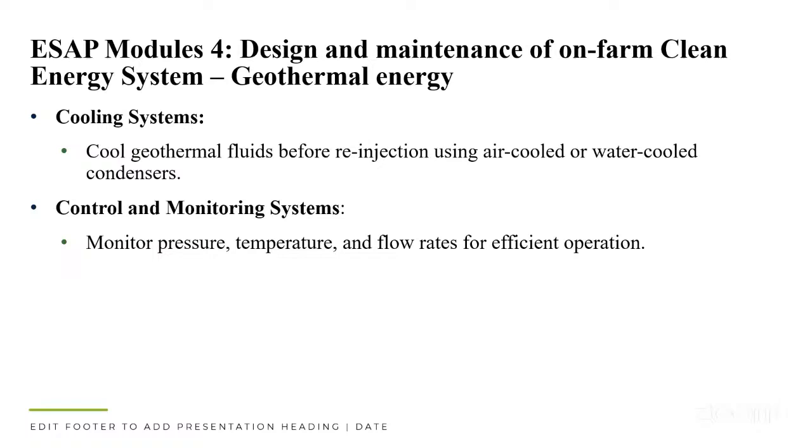And then you have the control and monitoring system, and this is basically to control the pressure of the steam and the temperature of the steam, but also the flow rate of the steam, which is how energy is flowing from one place to the other.